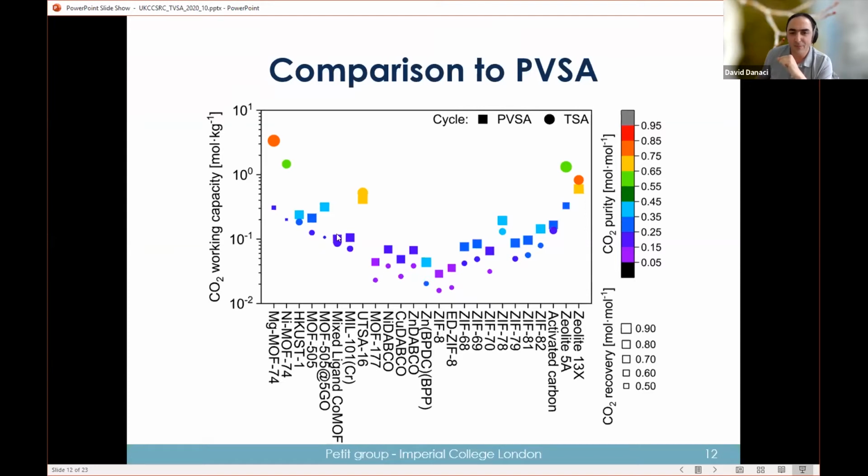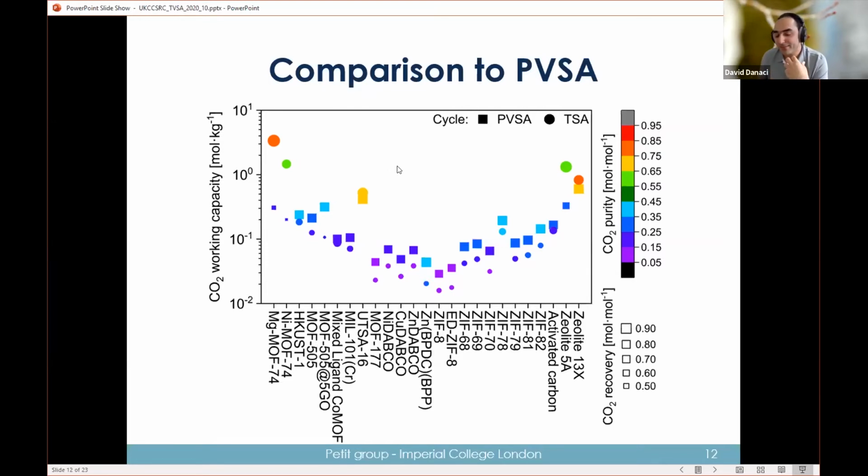In these MOF cases where the heat of adsorption is very low, you don't gain significant benefit from TSA or TVSA. So this, as I mentioned just before, highlights the need to select an adsorbent and a process, and ideally a cycle, for the exact separation that you're carrying out.